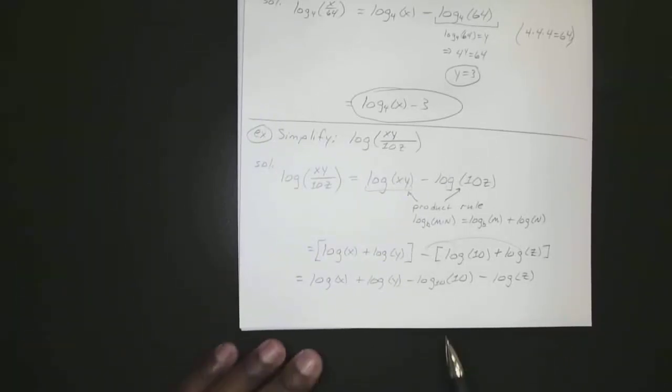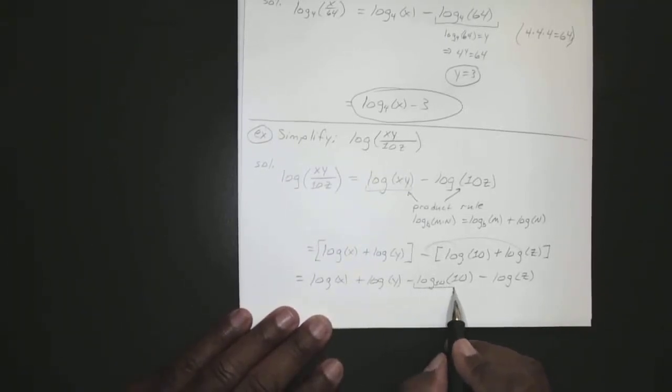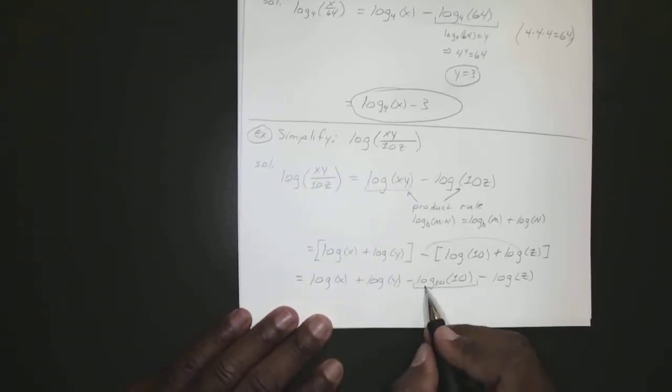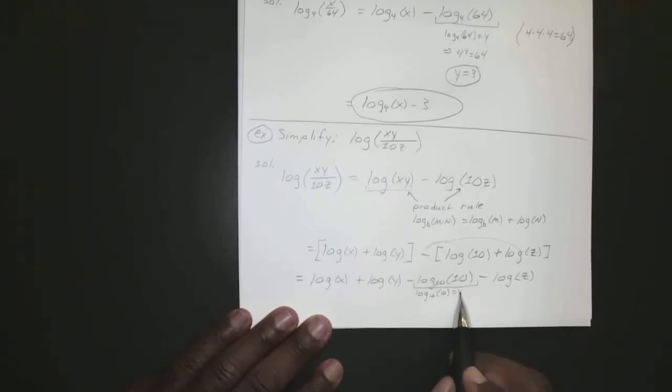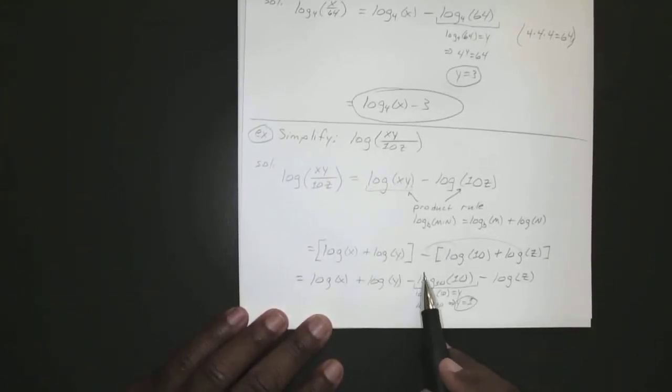Okay. So this one, we can actually rewrite it. We can simplify that one. So if we write that as log base 10 of 10 equals y, 10 to the power of y equals 10, just gives us y equals 1. Okay, so this entire term can just become 1.